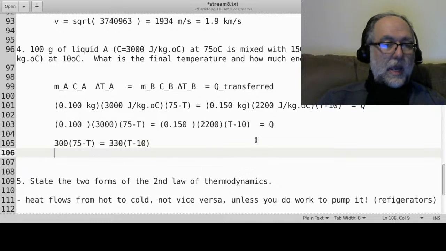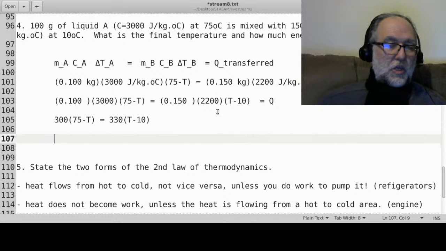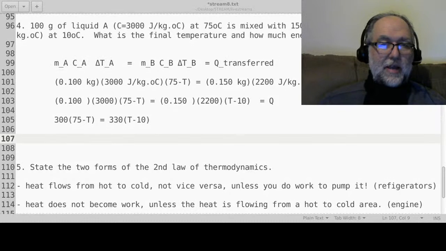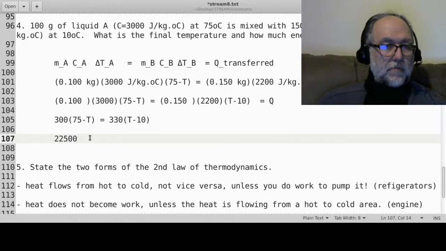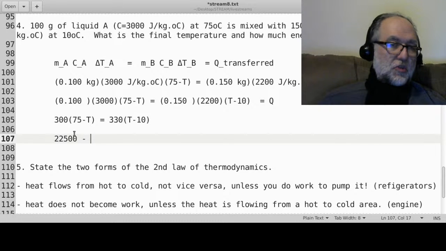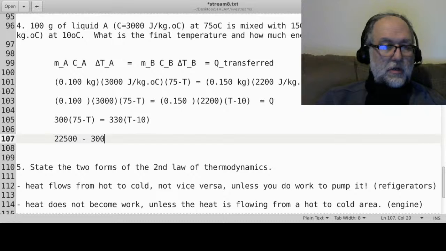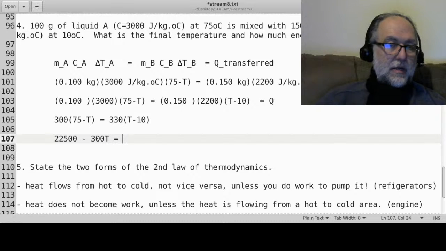And we'll do the Q later, so I dropped that part. So now we're going to have 300 times 75. That's this number here. Minus, so I'm just distributing 300 times 75, then 300 times negative t is 300t like that.